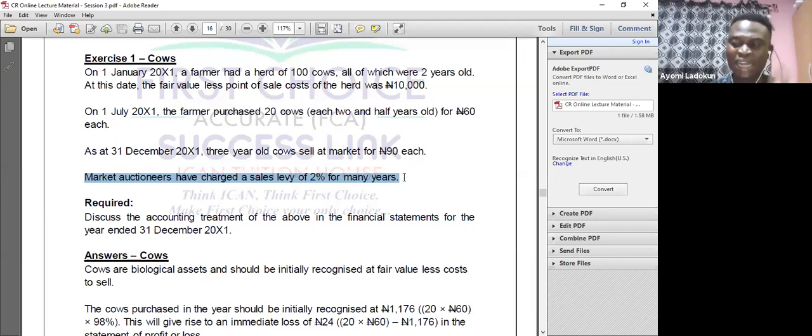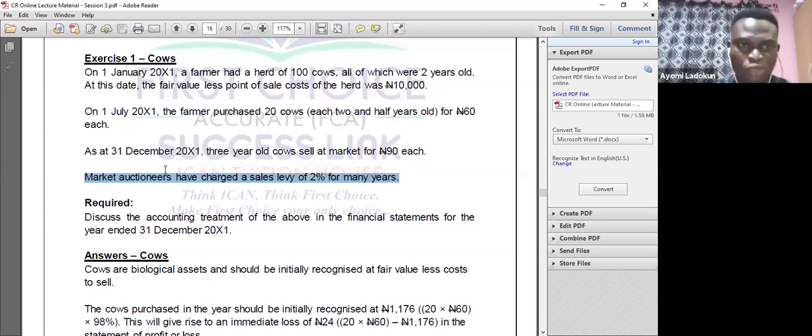But if I say 98% multiplied by the 1,200, I will get 1,176. So I will now remove 1,176 from the 1,200, and I will also get 24. So that's a loss. I told you earlier that most times when you measure at fair value less cost to sell, you always have a loss. That loss of 24 will be recognized immediately in the P&L account.